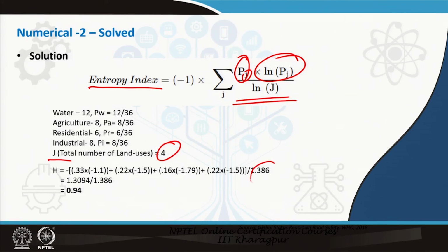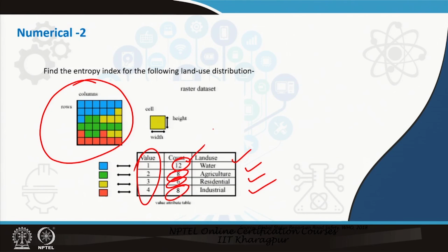So, you divide everything by the natural log of 4. The probability that one of the cells is water is 12 divided by 36, because there are 12 water parcels, and the total is 12 plus 8 plus 6 plus 8, which is 36.